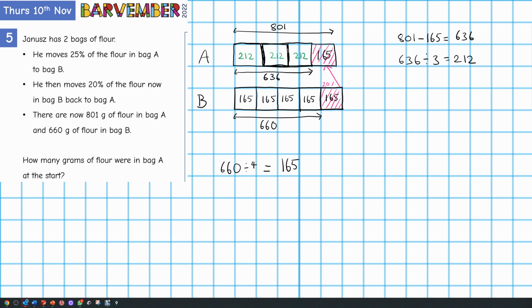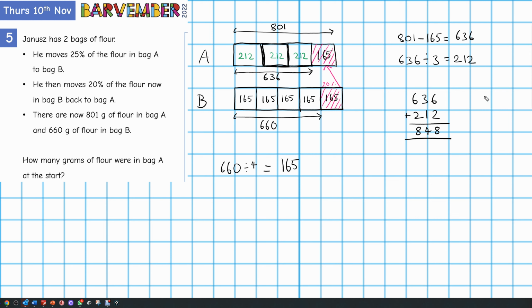So we can either do 212 times 4, or we already know that's 636, and we can add 212. And we end up with 848.